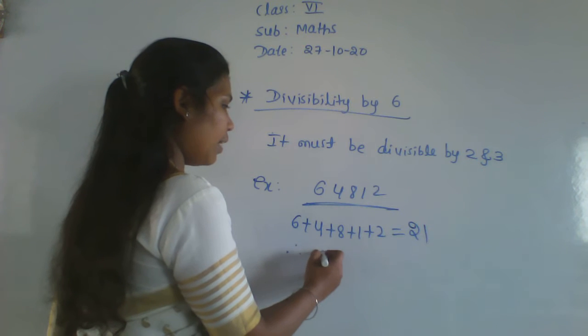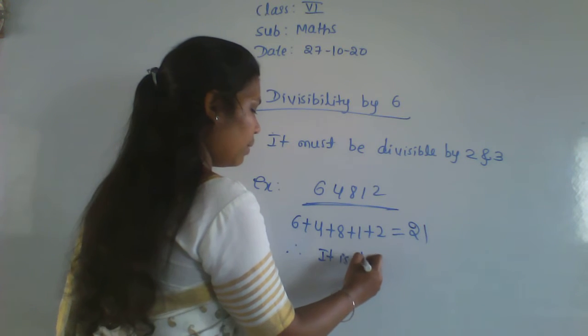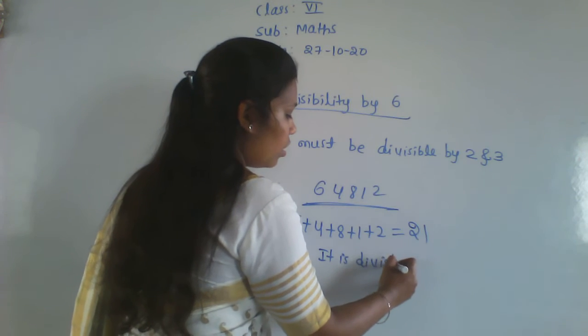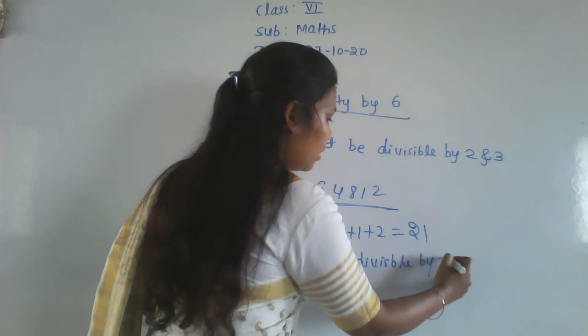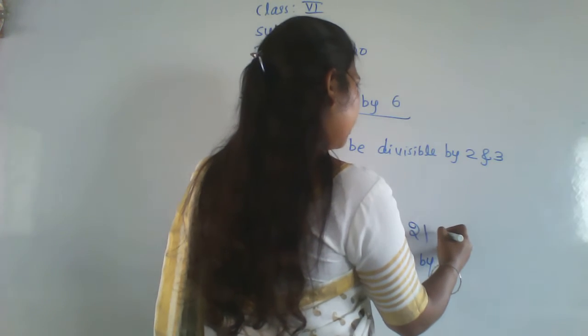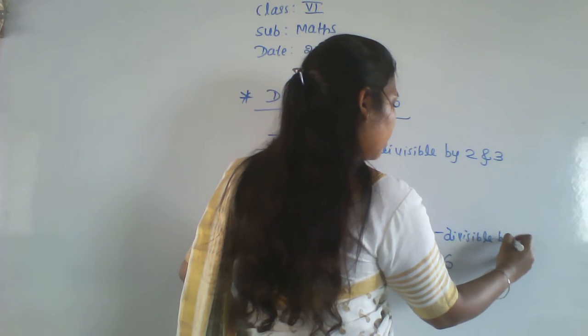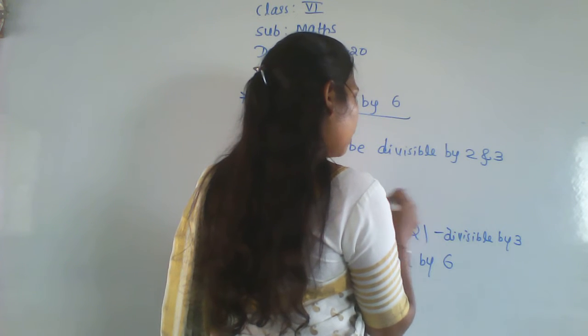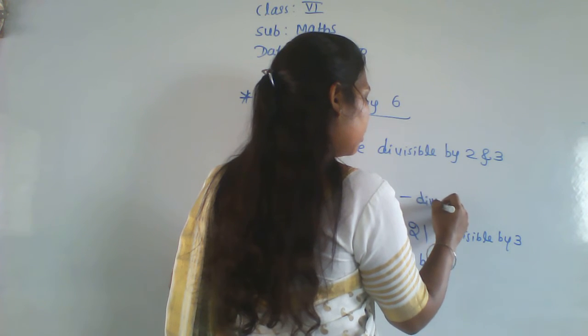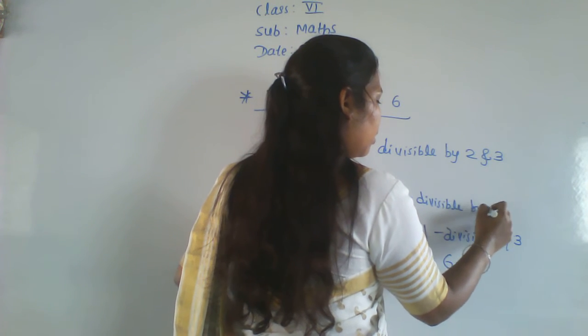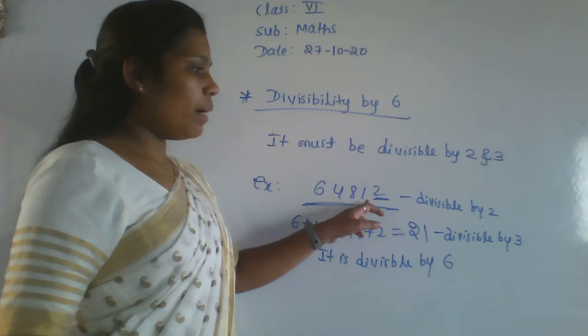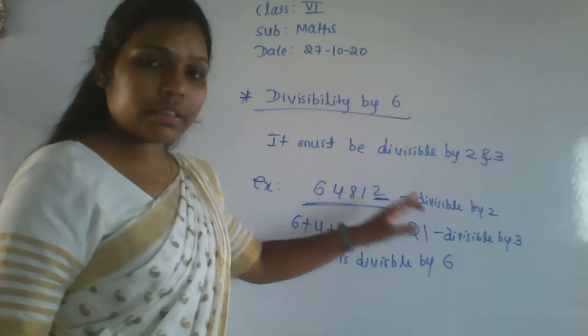Therefore, we can write down it is divisible by 6. Here because of 3 it is divisible by 3, and because of 2 it is divisible by 2.